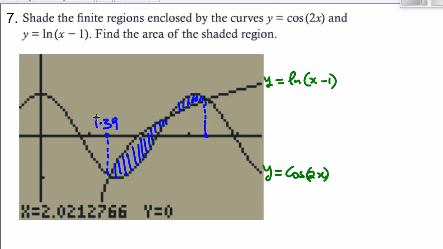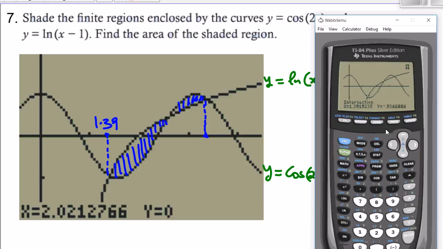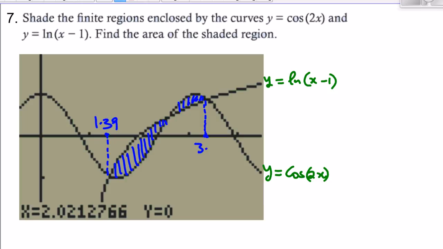The other one, second calc, intersect, and we get 3.4 to three significant figures.